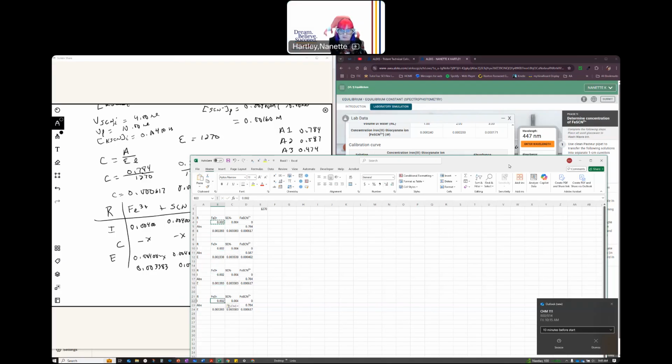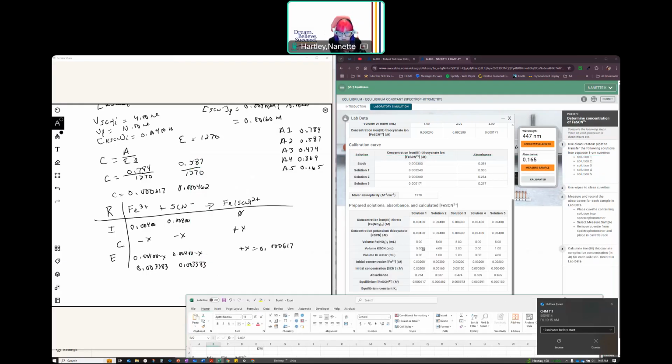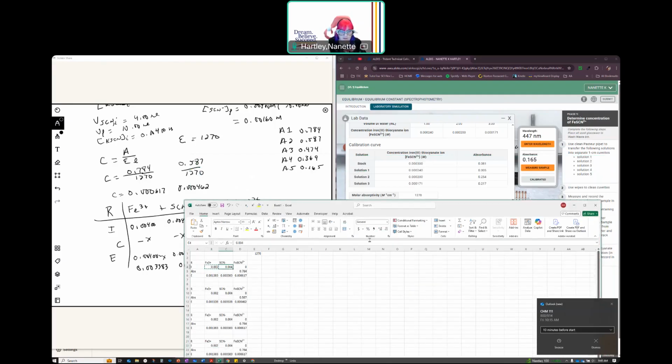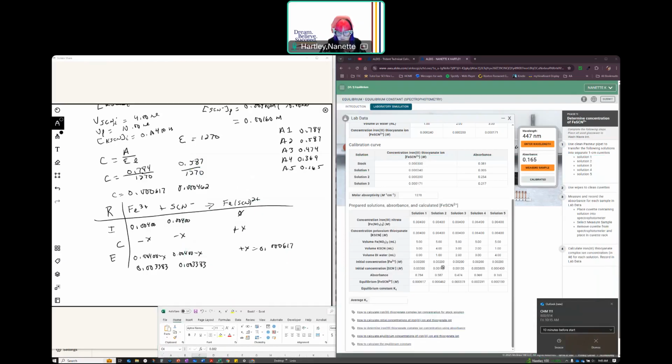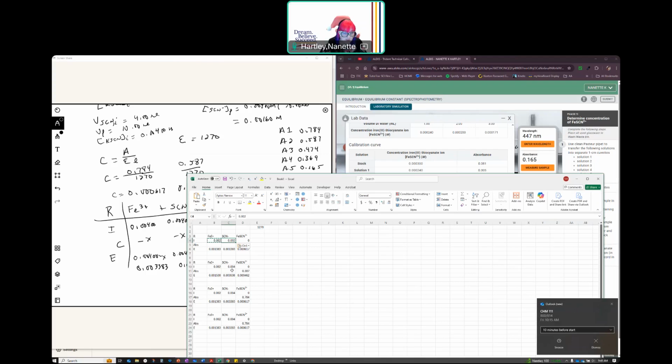And in this first situation, that was true for the SCN-, but it was not true in the other ones for the SCN-. So I can set that up to be that calculation, and I often do.